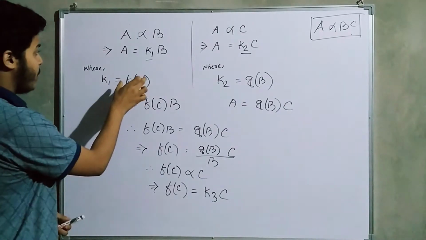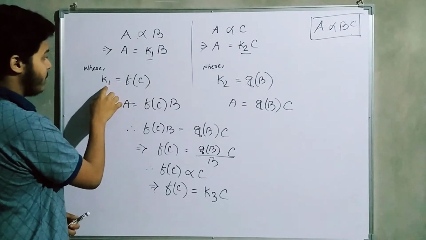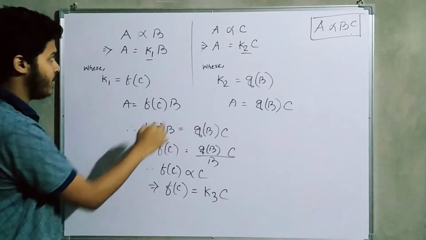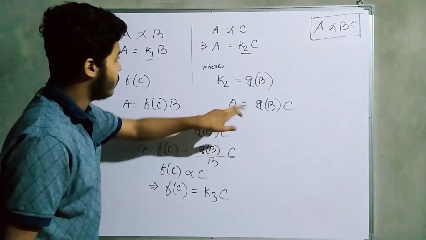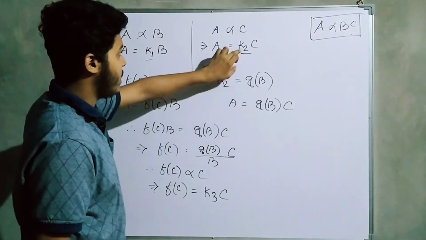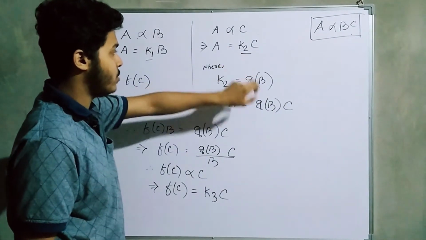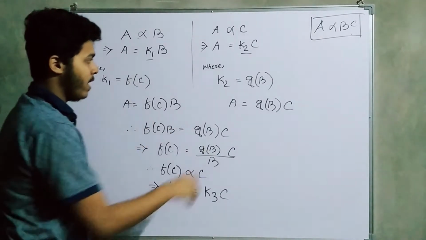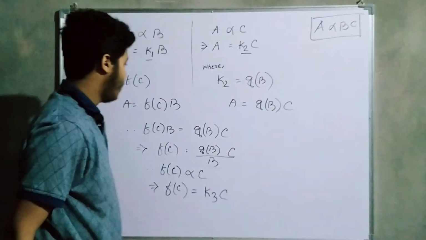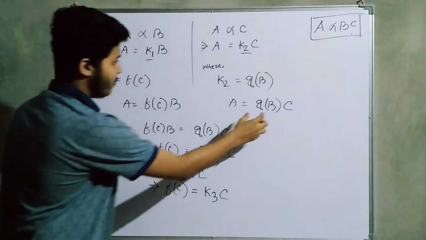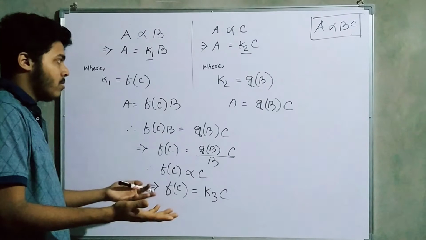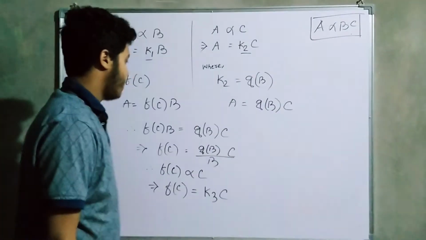Now I can put f of C, the value for K1, and write A equals f of C times B. And A equals G of B times C, where I'm putting G of B for K2. So A equals f of C times B, and A equals G of B times C, where f of C is a function of C, G of B is a function of B, and B and C are the physical quantities.